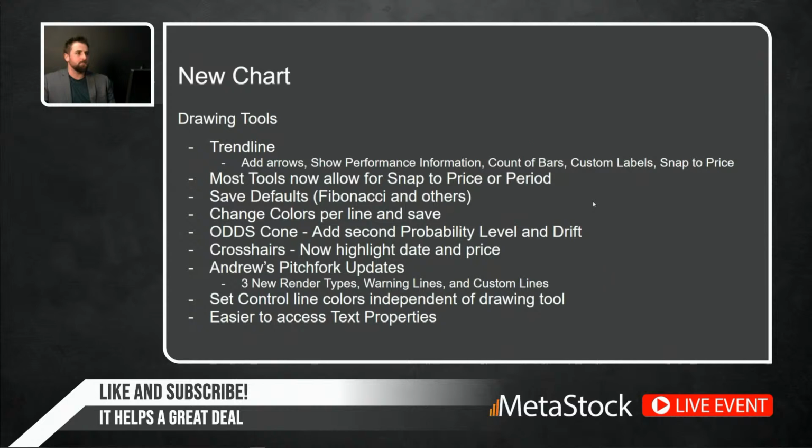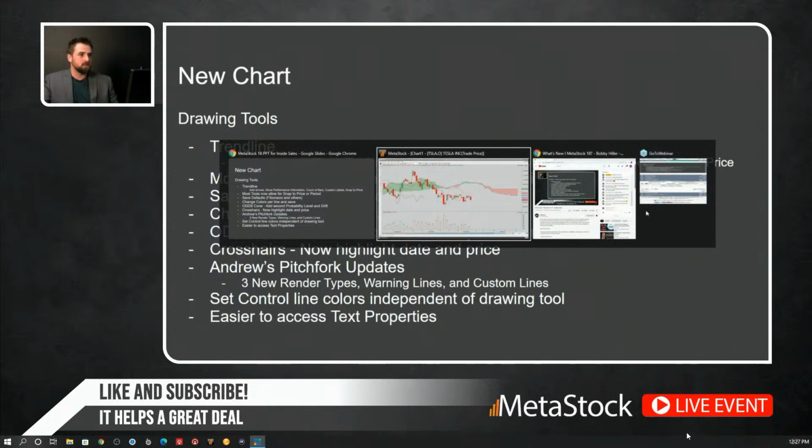Let's see what else we have here. All right, so the drawing tools. So not only have we added these new indicators and ways for you to change those indicators, and I'll actually be touching in on a couple other additions of our indicators later, but the drawing tools have seen some serious overhauls as well. Let's go ahead and just jump in MetaStock and start going through these.